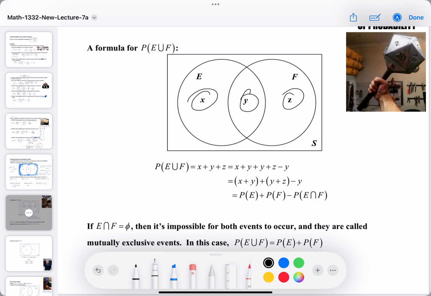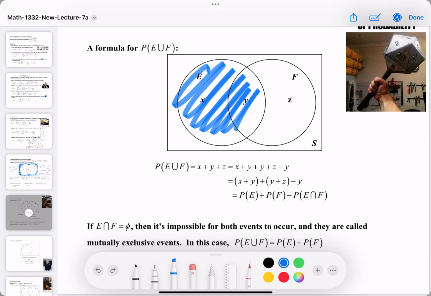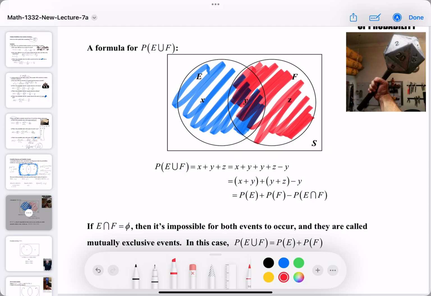That represents P of E or F. So X plus Y plus Z. But I have learned that P of E is a section here, and then P of F is a section here. So between the E and F, we have an overlapped section. We call it the Y part.